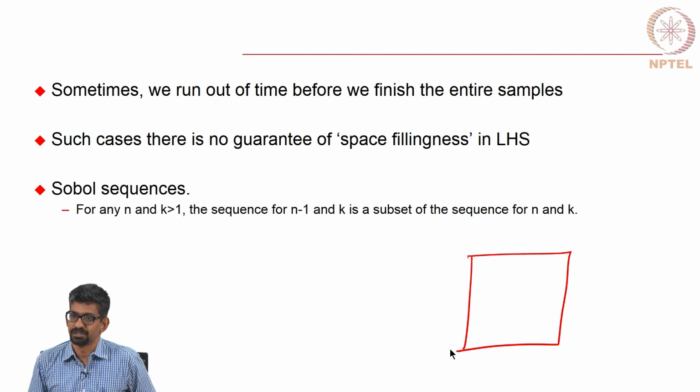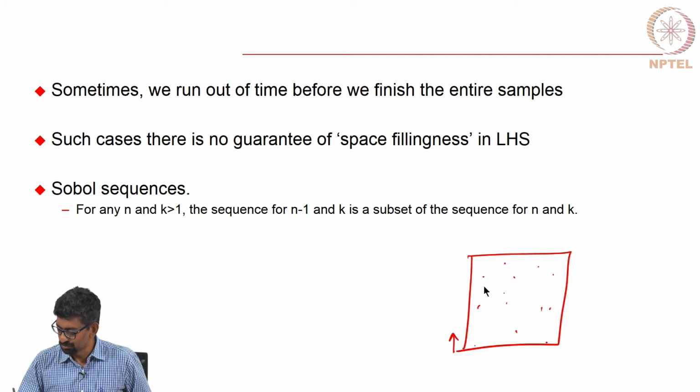So, you assume that each simulation will take about 1 hour, and then you took 24 points in this space, and in some order you started going in this direction first, you went like this, okay. So, you covered these many points, 24 hours is over, you do not have information at these points.